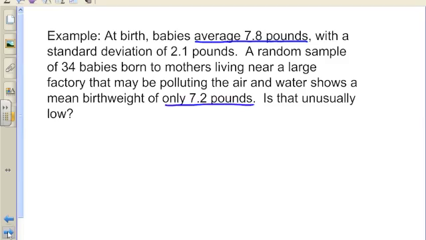Is that unusually low? So our question is, babies were supposed to get an average of 7.8, but we're only getting 7.2. So is that weird? If it's weird, then maybe I can sue that factory for polluting the air and causing the babies to be born underweight. So in order to check that out, we're first going to check our conditions.